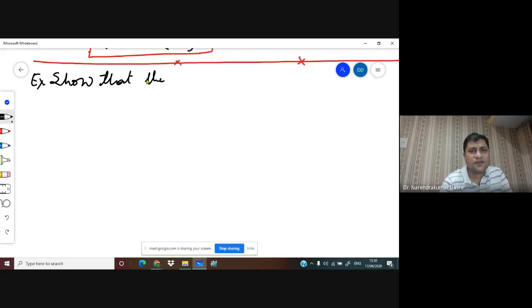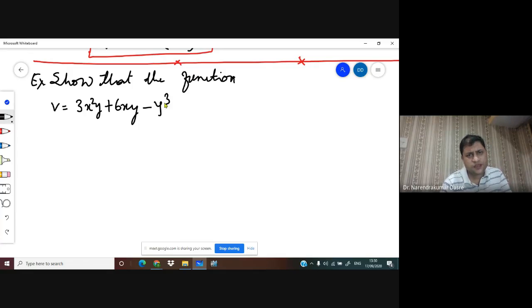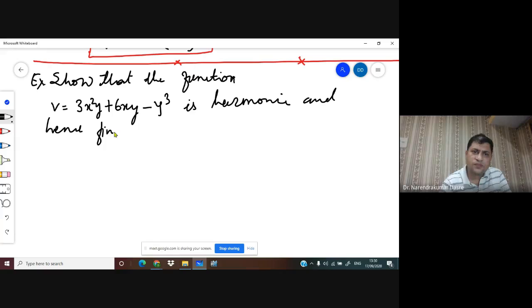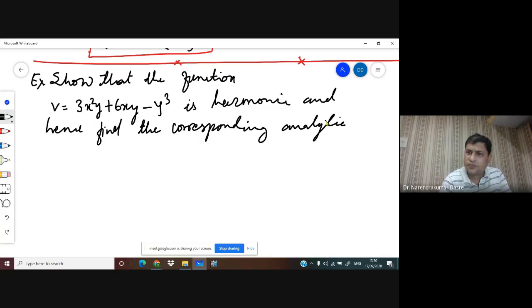Show that the function v is equal to 3x square y plus 6xy minus y cube is harmonic, and hence find the corresponding analytic function f of z and its harmonic conjugate.